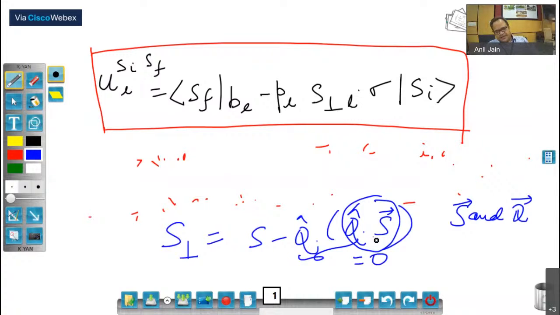When your moment is aligned along the Q, you will not get any magnetic scattering.